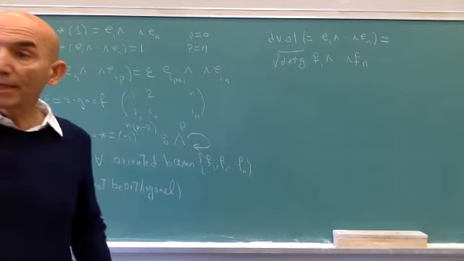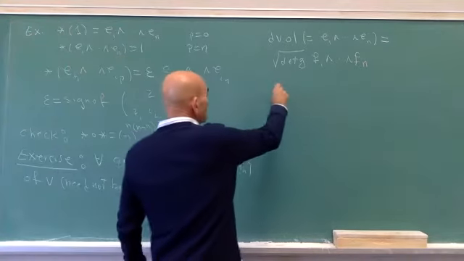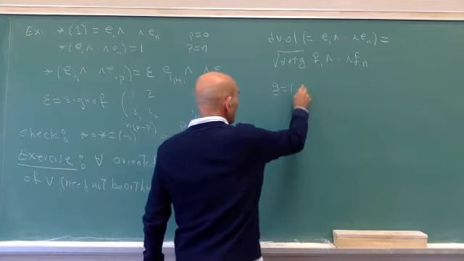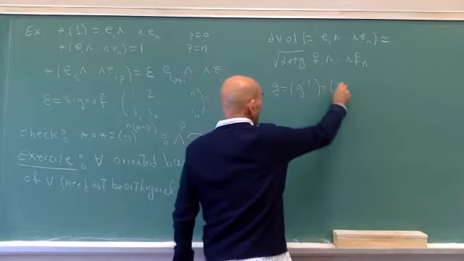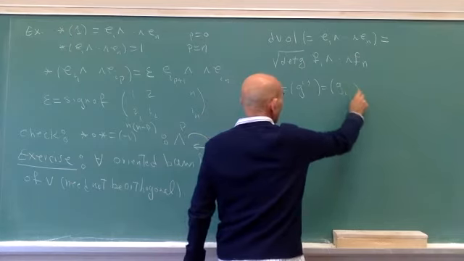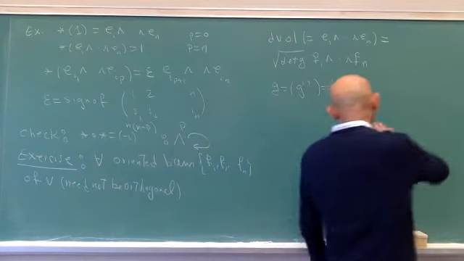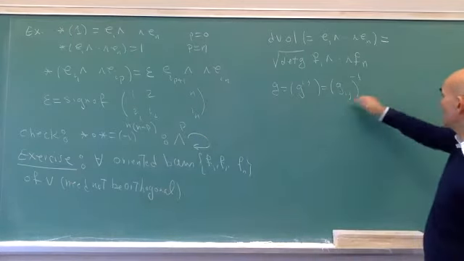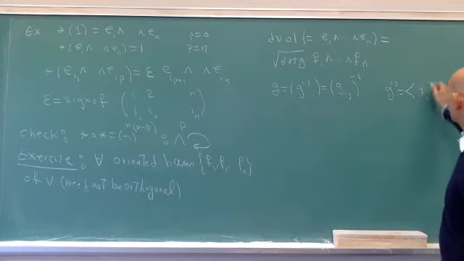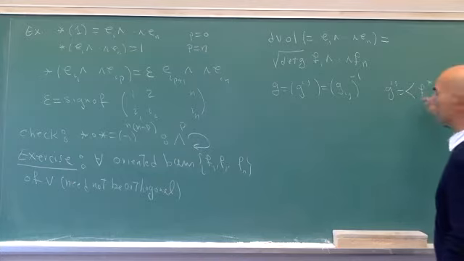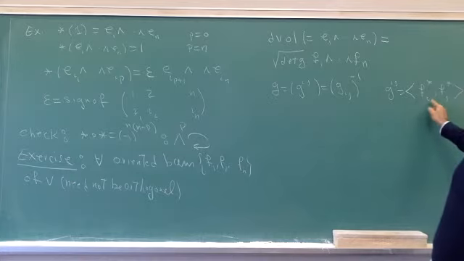It has to be corrected by this amount. What is G? So G_ij is the inverse of G^ij. But now this G^ij, I can just say, for example, is the inner product of Fi star and Fj star, the dual basis.